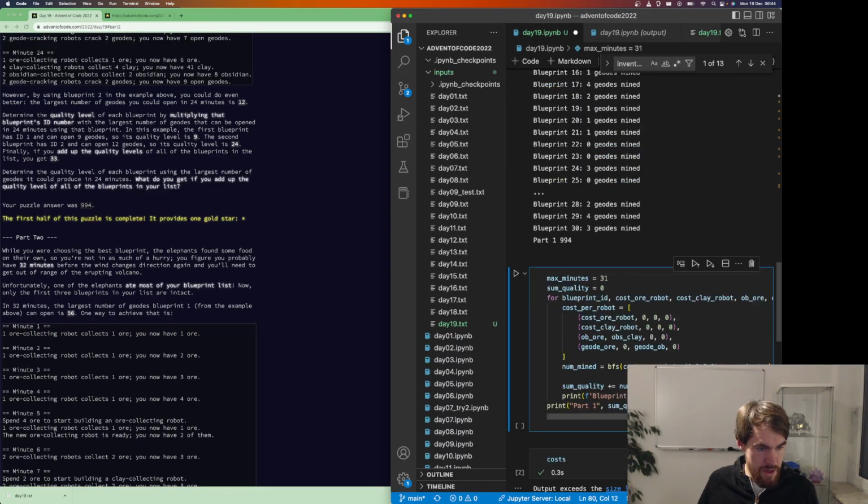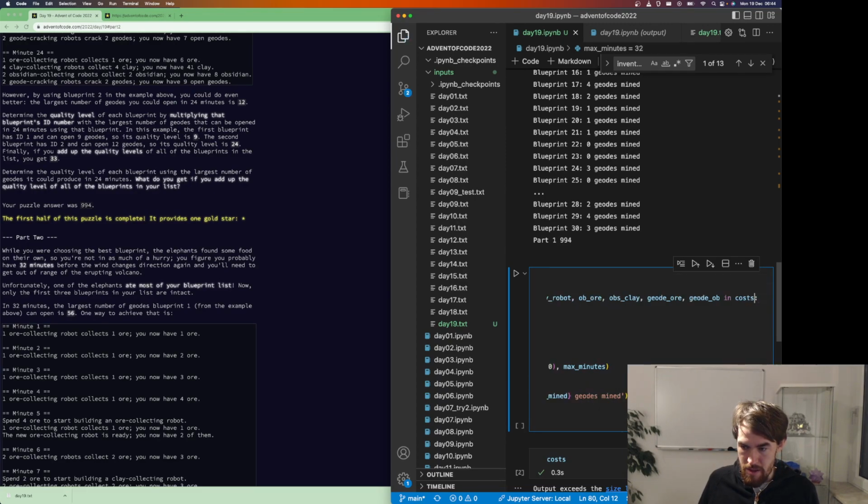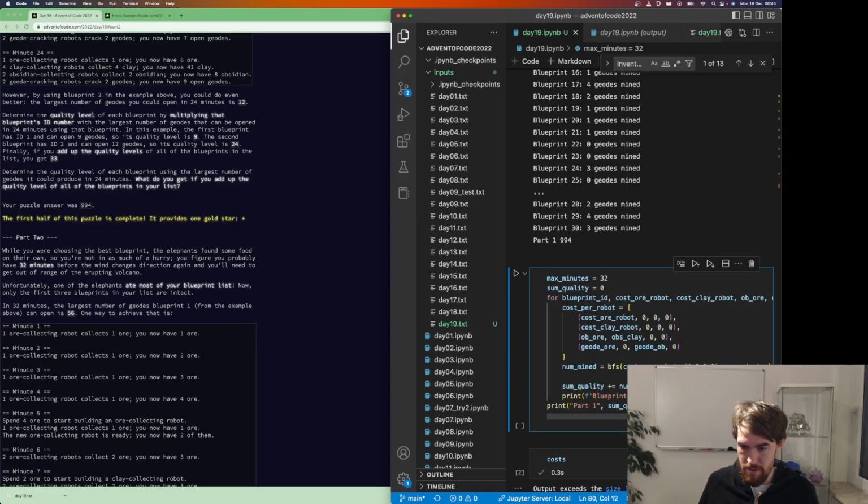So now we are doing 32 minutes. To number 3, cost per robot mined, maximum is 32. Some geodes.